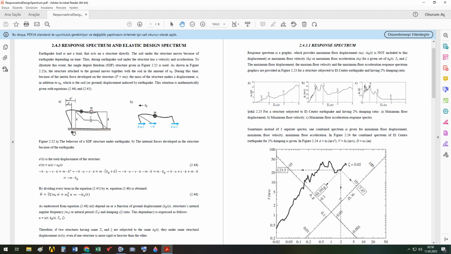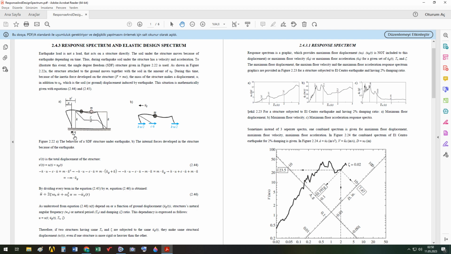As you see here, the structure's columns, legs of the body, move with the amount of Ug. Ug is the ground displacement which is induced by earthquake. And then because of that the legs moved in the amount of Ug, and this displacement has also an acceleration.